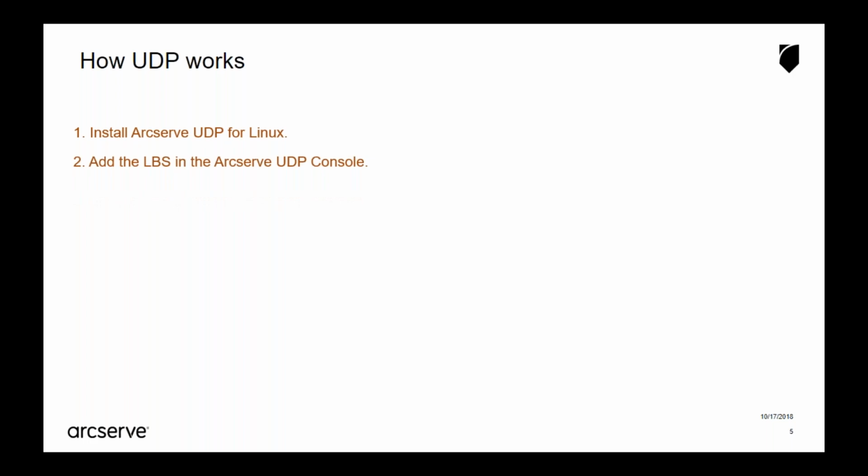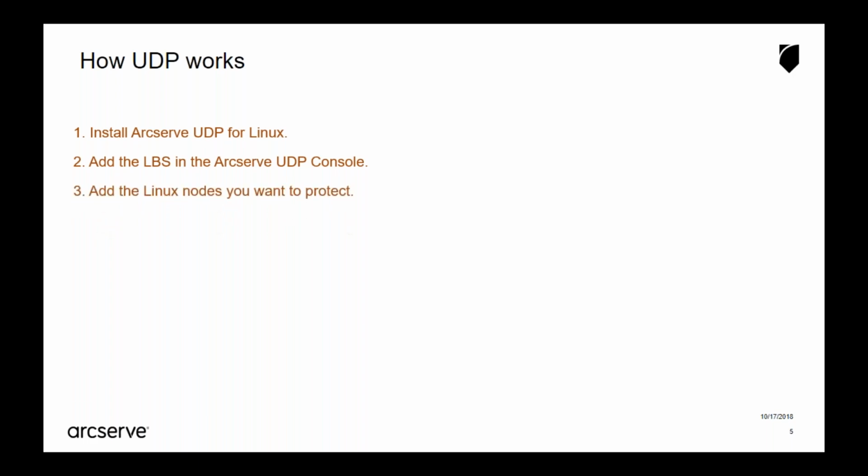Arcserve UDP console, in the sense that if you're having a mixed, cross-platform environment with Windows and Linux machines, you would have installed Arcserve on Windows already, which would also have a recovery point server installed. We could use the same recovery point servers for backing up the Linux machines as well.